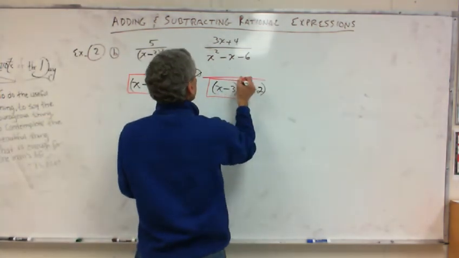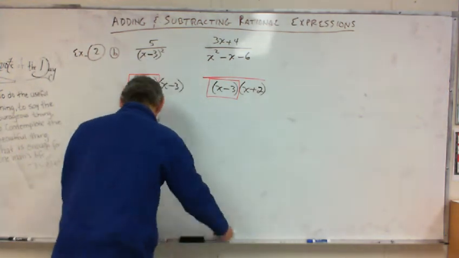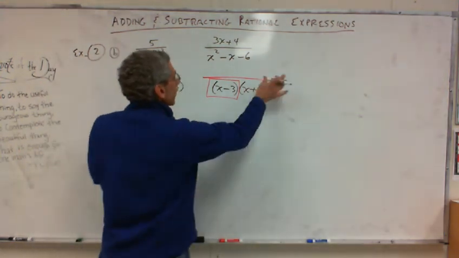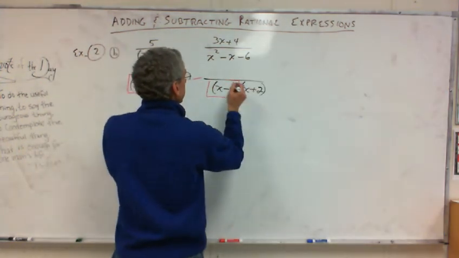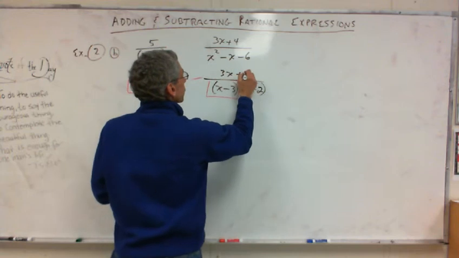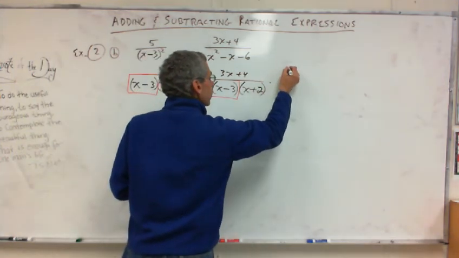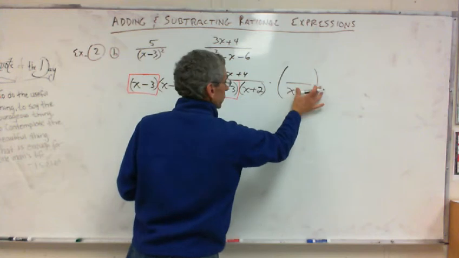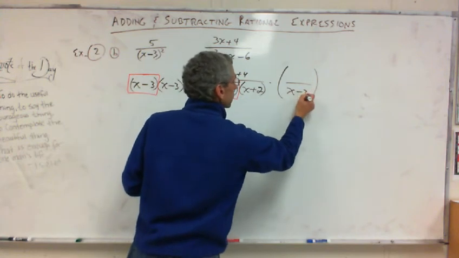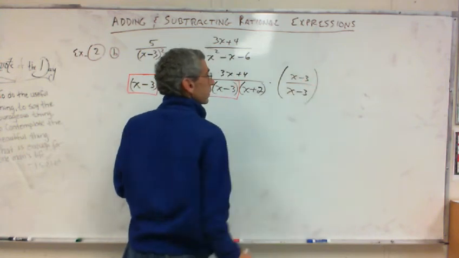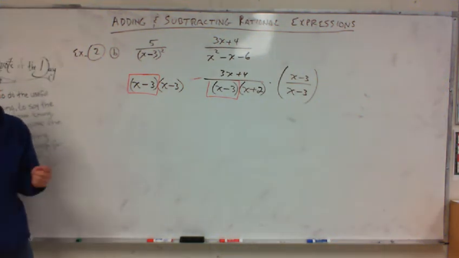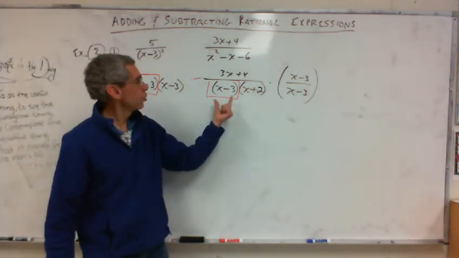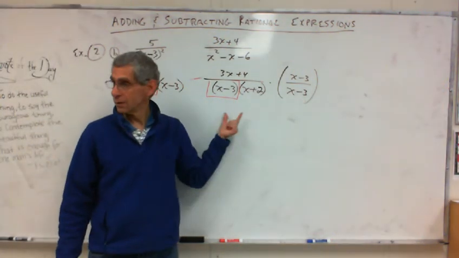So immediately I'm going to rewrite the fraction, x plus 4. Now, for this one, I am going to have to multiply this by x minus 3 over x minus 3, right? That will now give me 2 x minus 3s in the denominator. Does that make sense?